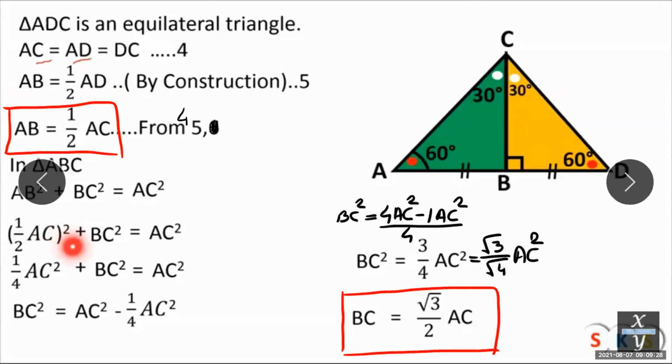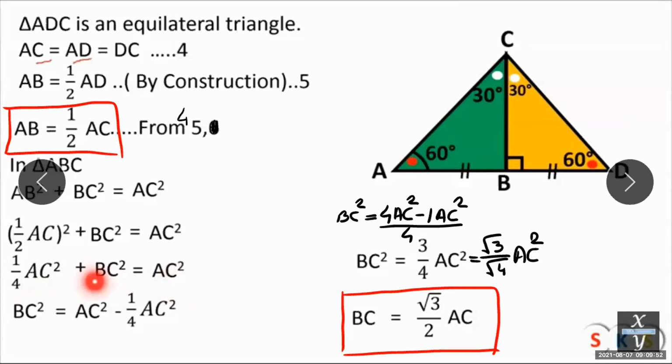Now plus BC square equal to AC square. Now do the square: 1 by 2 and its square is 1 by 4. And AC, its square, that is AC square. So the complete term is 1 by 4 AC square. Now plus BC square equal to AC square.